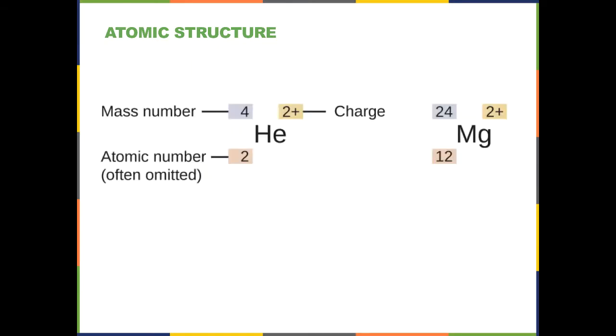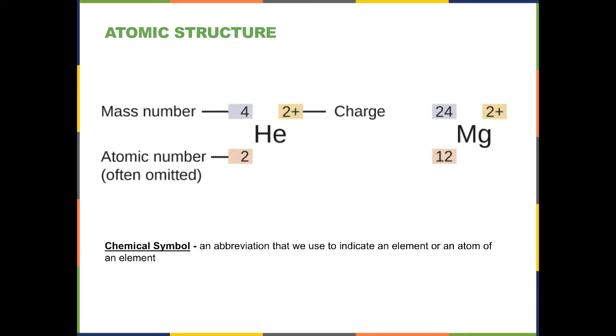This is a symbolic way of showing what we just talked about. This is called a chemical symbol, and it's an abbreviation that we use to indicate an element or an atom of an element. On the left is the example of helium. The number at the top left is the mass number. The number at the bottom left is the atomic number.